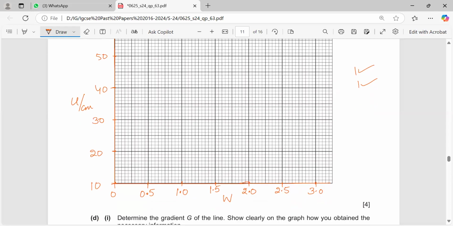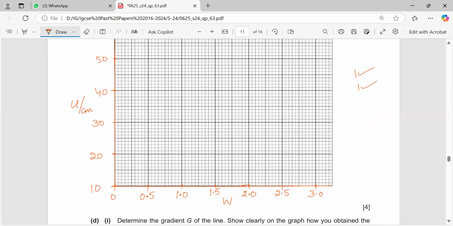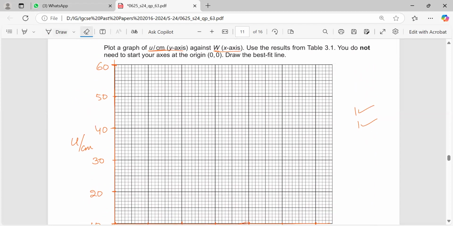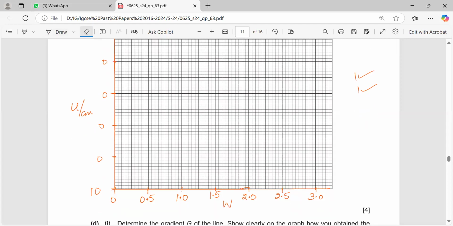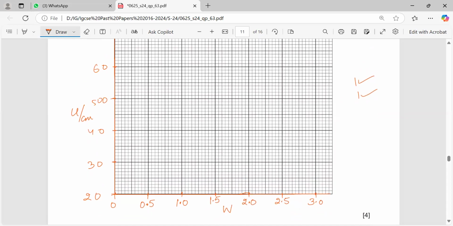Or, because it is starting from 20, let's even start from 20. Doesn't matter. So 20, 30, 40, 50, and this is 60. And now the second mark is scored because our data is scattered on more than half of the grid on the y-axis as well as on the x-axis.